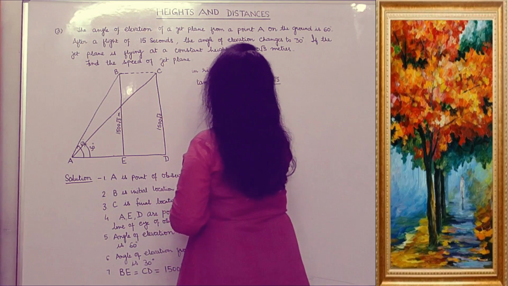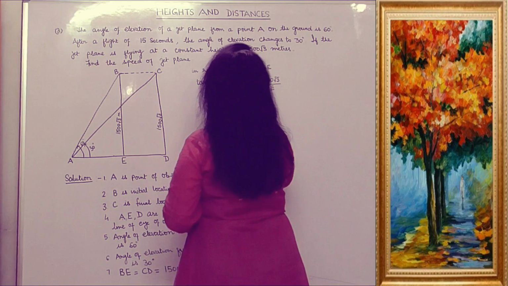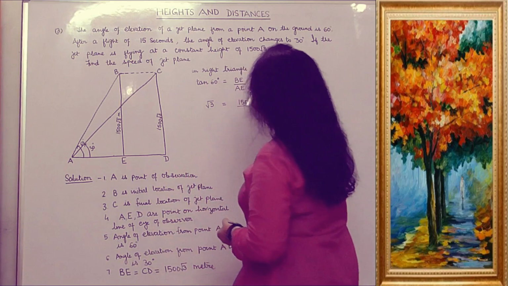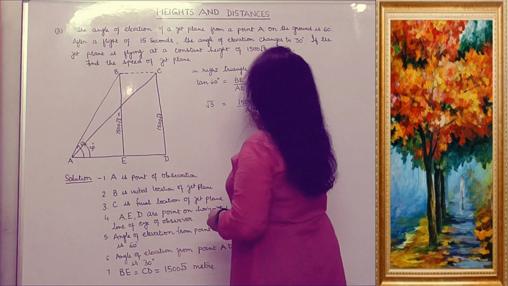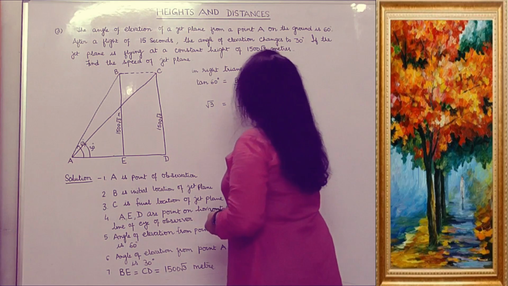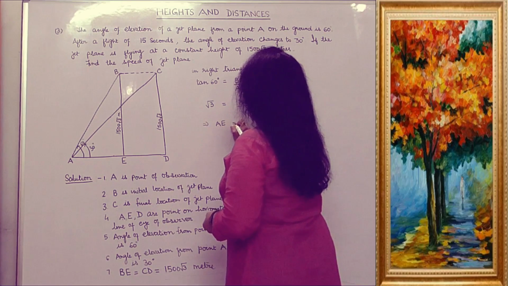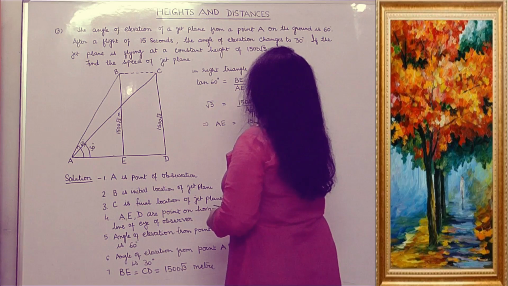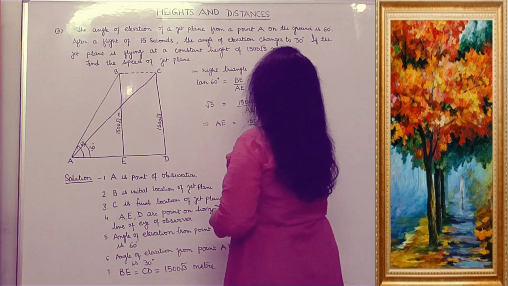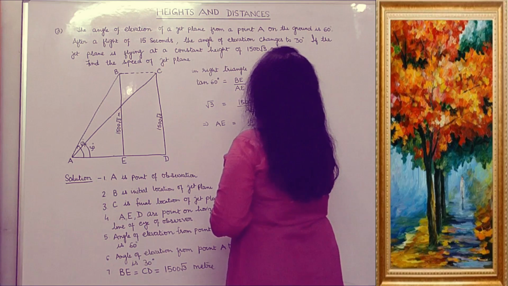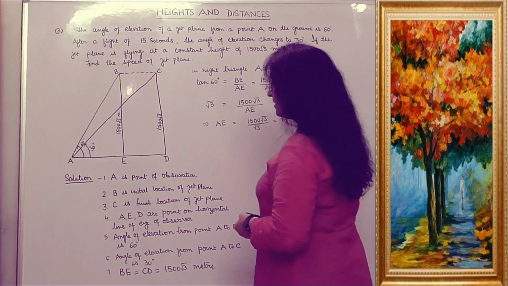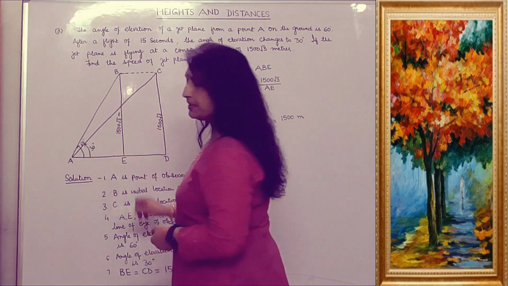Root 3 is equal to 1500 root 3 upon AE. 1500 into root 3 is the value of BE, and AE, just leave it. AE is equal to 1500 root 3 upon root 3, which is equal to 1500 meter. Value of AE is 1500 meter.